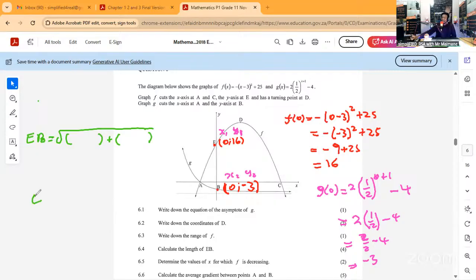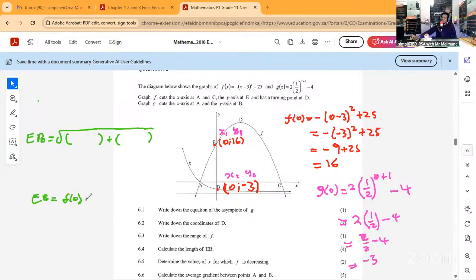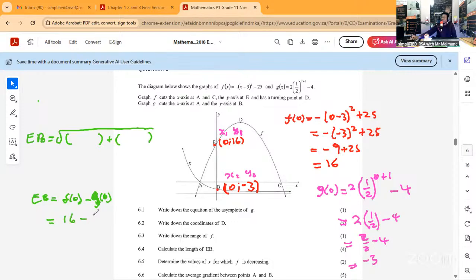So you said EB is equal to the y value of E minus the y value of D. So it was 16 minus 3 like this, which was 19 units.